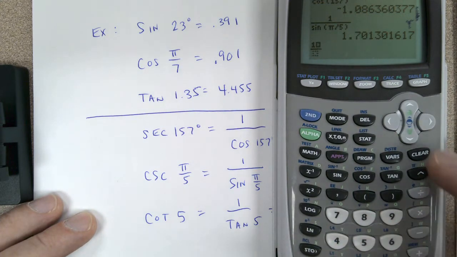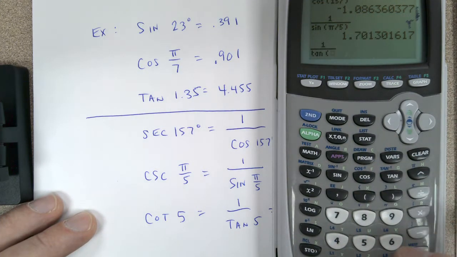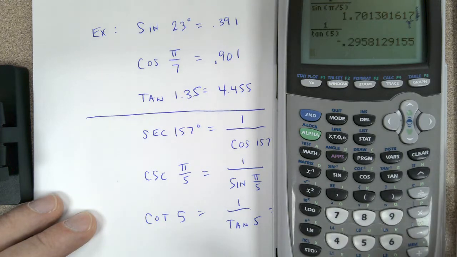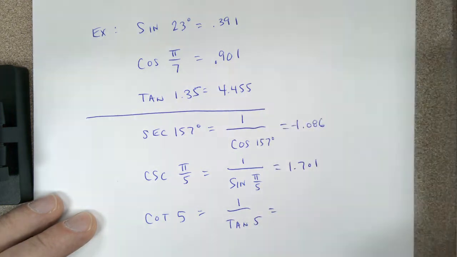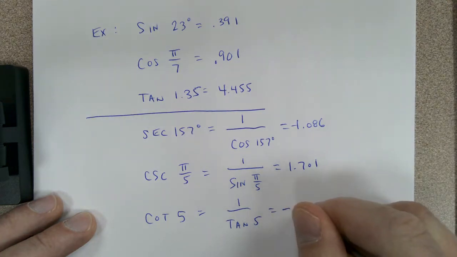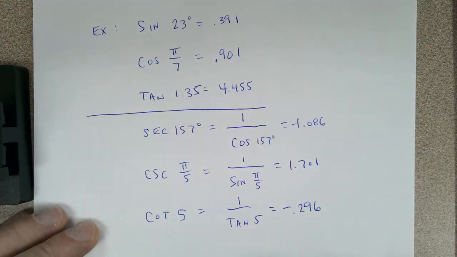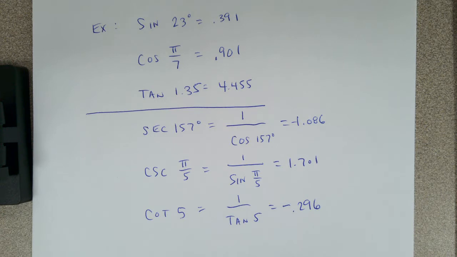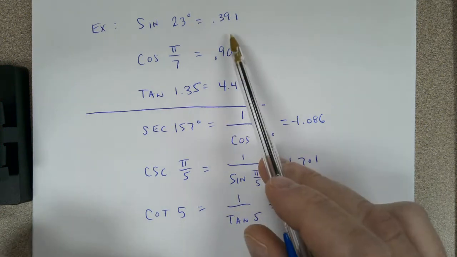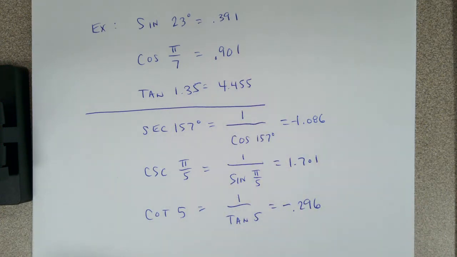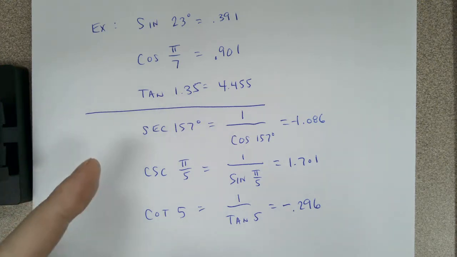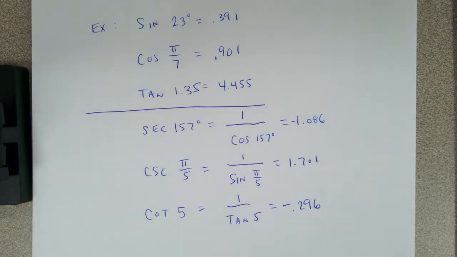So 1 over the tangent of 5, and then hit enter, gives me negative 0.296. Okay, so that's finding the functional value. I did one for each one of our 6 functional values: sine, cosine, tangent, secant, cosecant, and cotangent, with your reciprocal values there.